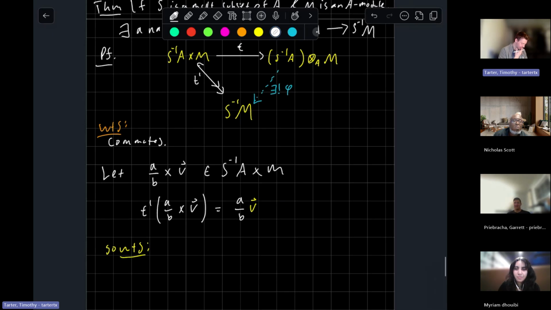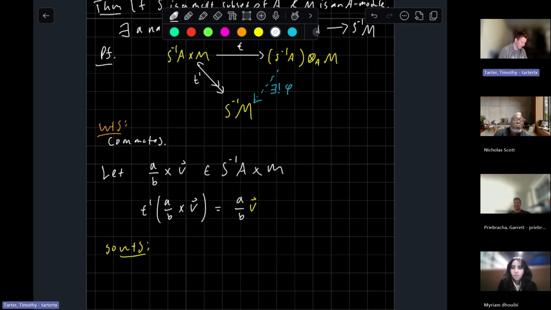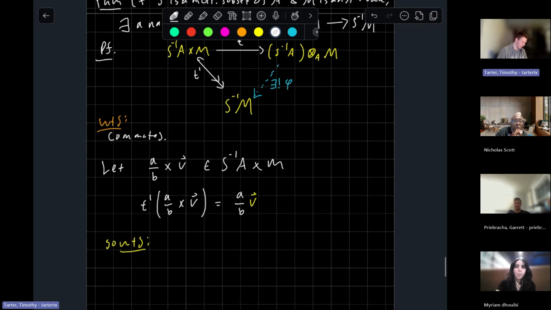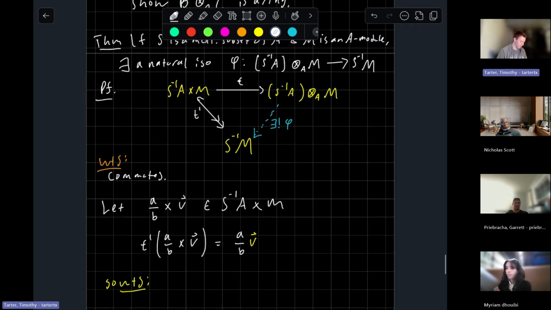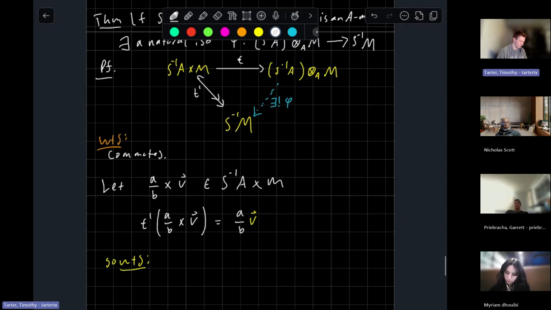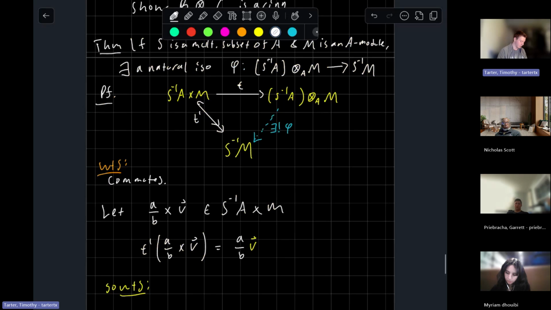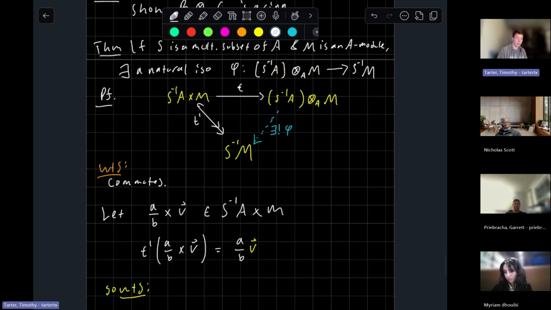So the trick here is that basically these two things are an isomorphism. The way you get to that isomorphism is by saying, okay, well, the injection is clear. Any two things come from the same thing. The surjection is also clear because any A over B, V has a clear fiber in S inverse A Cartesian product M. And then by universal property of tensors, we just need to say there exists this unique isomorphism phi that T prime factors through.